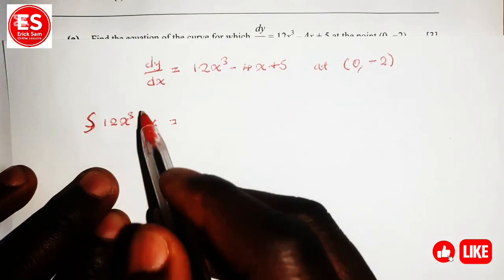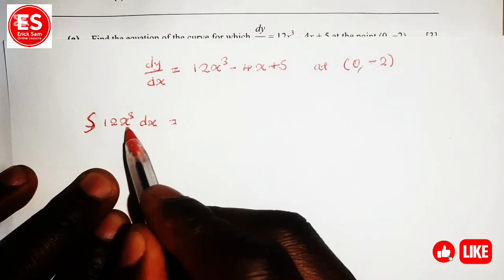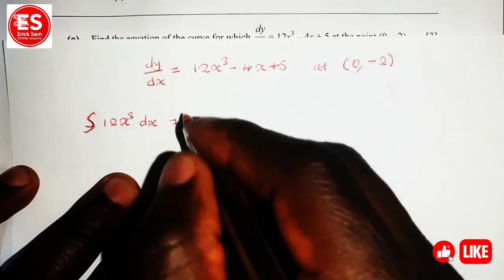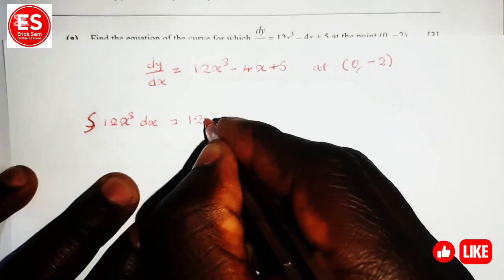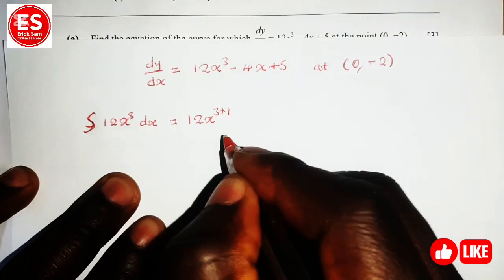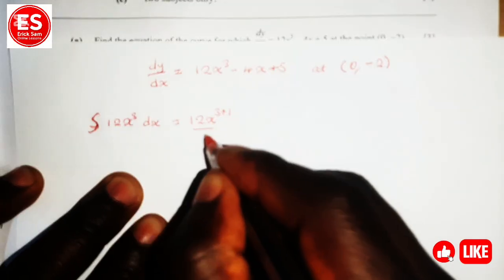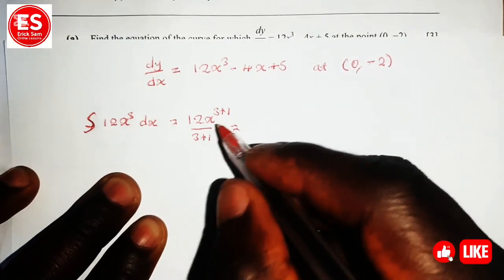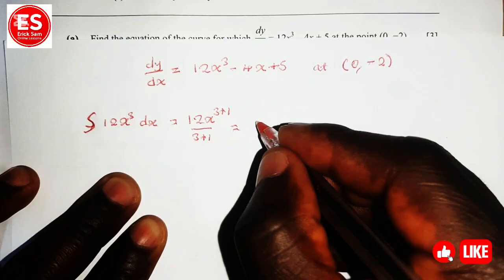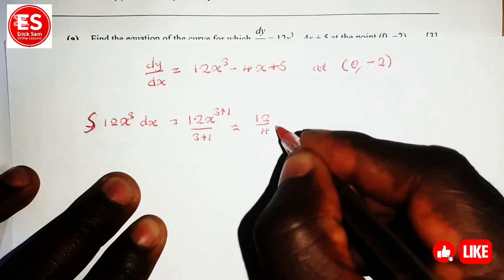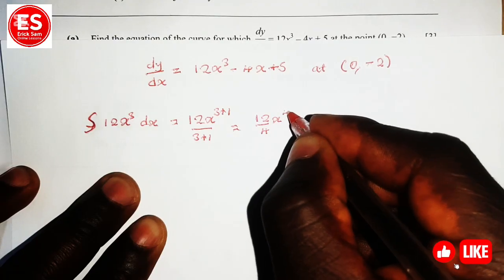When you're integrating, the power on the variable adds 1, then the result divides by the new power. So it will be 12x^(3+1), which is 12 over 4, x to the power 4.